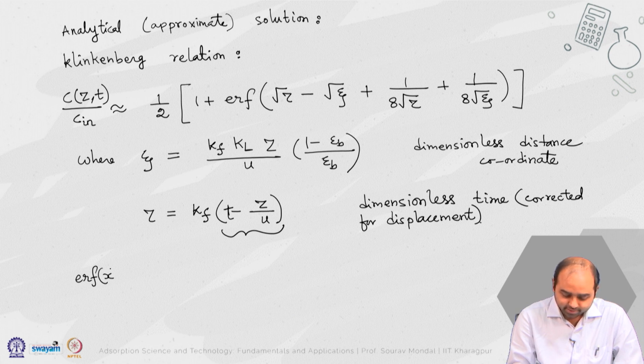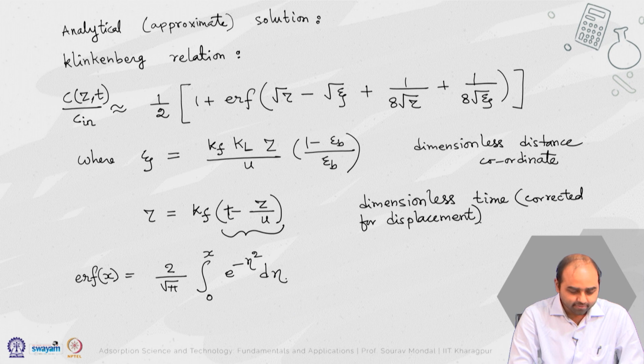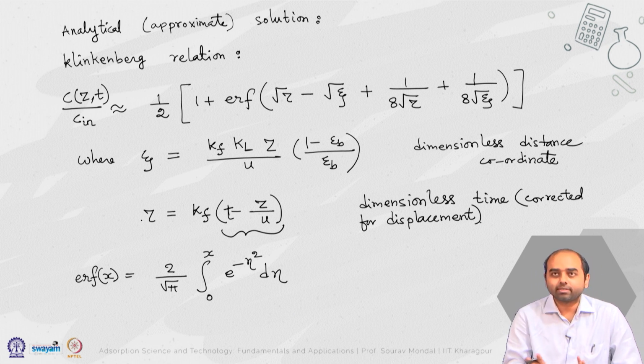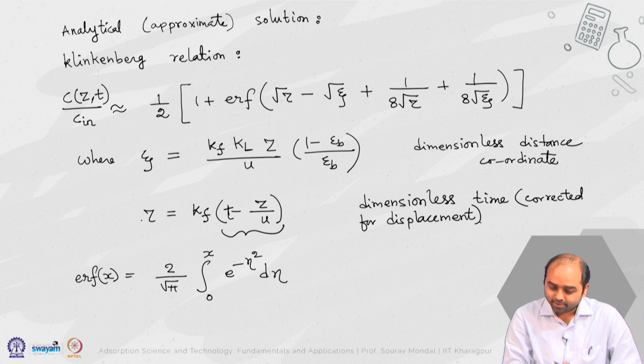ERF of x is generally defined as, this is a classical mathematical function. So epsilon and z are like the coordinate transformation both for time and distance.